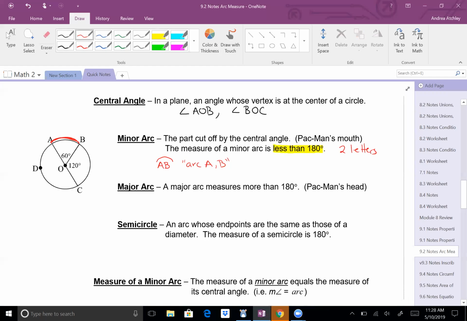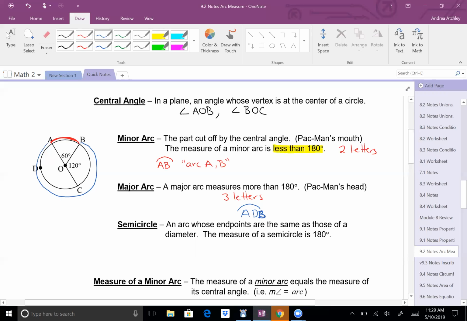A major arc is bigger than 180 degrees. And a major arc is named with three letters, so you know which direction you're going. So if I'm going to do a major arc and I want it to be like this, I would label it arc ADB. Arc ADB, not CADB.